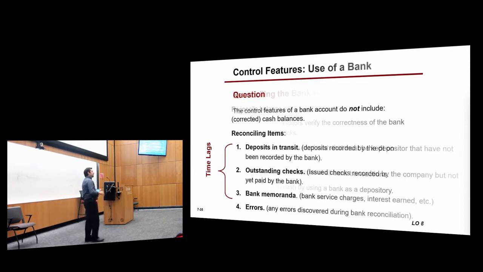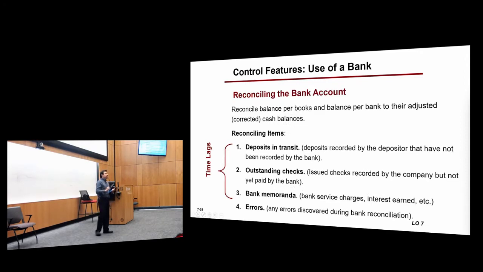Reconciling the bank account. The reason why we have different unadjusted balances is that the company, as soon as they send out the check, will mark that as a payment made, right? This is how they record it. You send out the check, you consider that the payment is made. However, there will be some kind of lag between the time you send the check out and the time your supplier receives and processes it, sends it to their bank, which sends it to your bank for verification that you have enough funds, and then they credit their account.